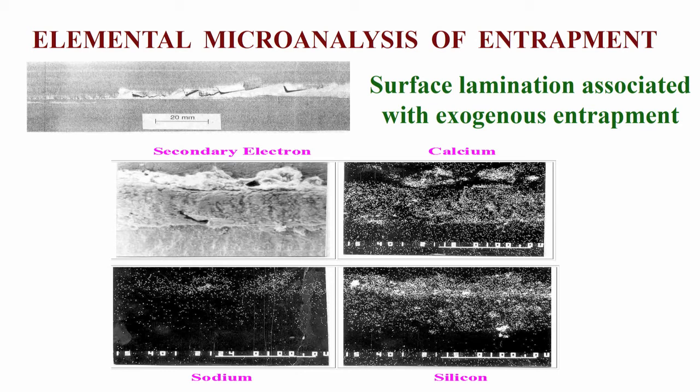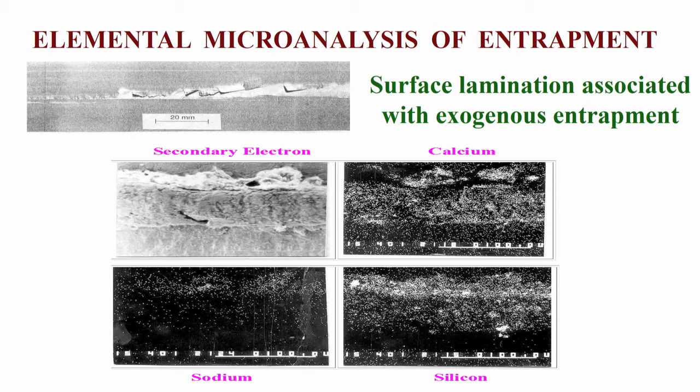As I have told you earlier, if sodium is present, we normally say this entrapment is basically mold slag. Mold slag, I am talking about the continuous casting mold, which uses as powder some amount of silicon oxide, some calcium oxide, some sodium oxide, some calcium fluoride, these are all present. So, if sodium is present, we normally know that this has come from mold slag entrapment.